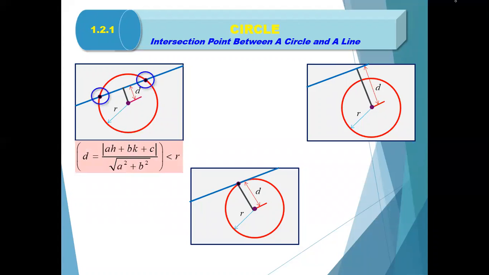Okay, intersection point between a circle and a line. Here we have only one circle, and the line passes through the circle. This one is a circle and a line.